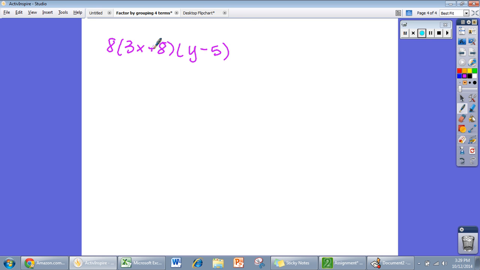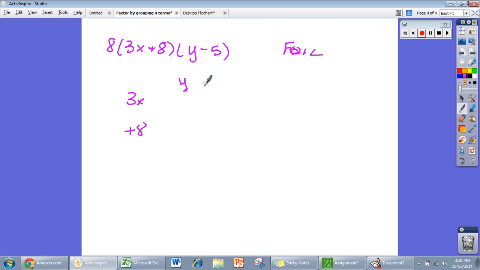Okay. So what I'm going to do here is I'm going to start by multiplying a binomial times a binomial. Some people have heard of the FOIL method, where you multiply the first, the outer, the inner, and the last. I personally like to use the box method. I feel students make less errors using the box method.